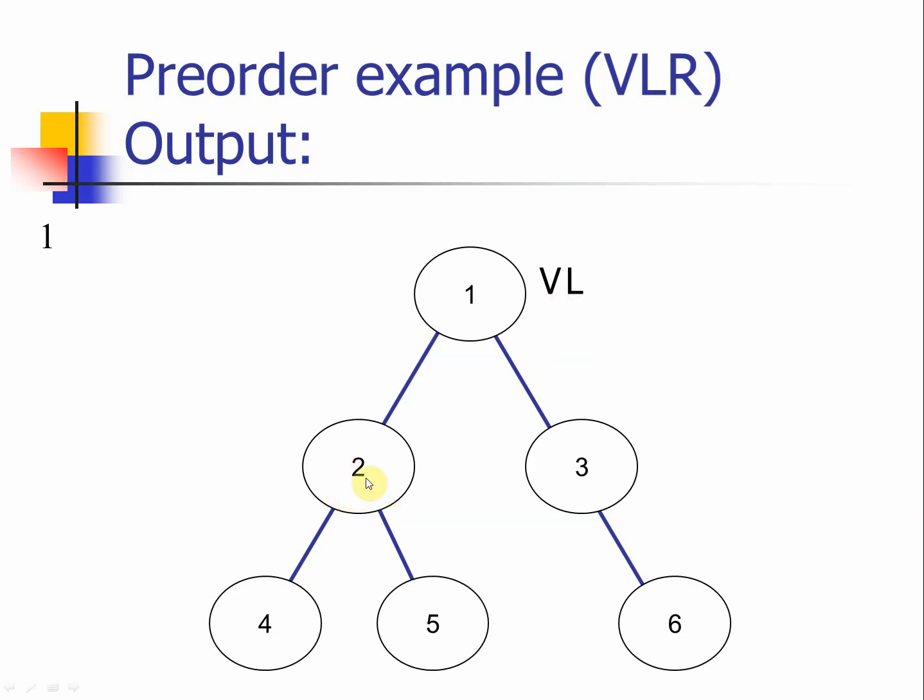When node 2 is working on the function, because it is non-null, it will print out the node, go to the left side. So you will go to node 4, print out the node, go to the left side. This is the time it will really travel to the left side and hit the base case because it's null, and it will not do anything. Come back, go to the right side, do nothing, come back. So you can see that when this is done, it hits the end bracket of the function.